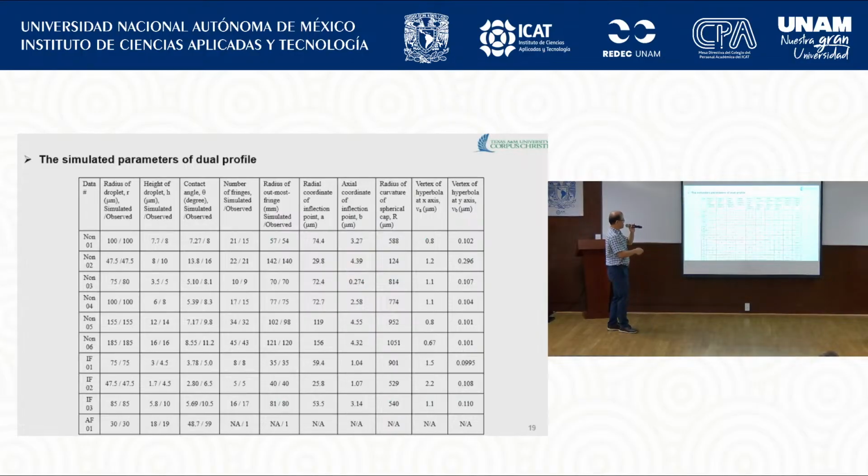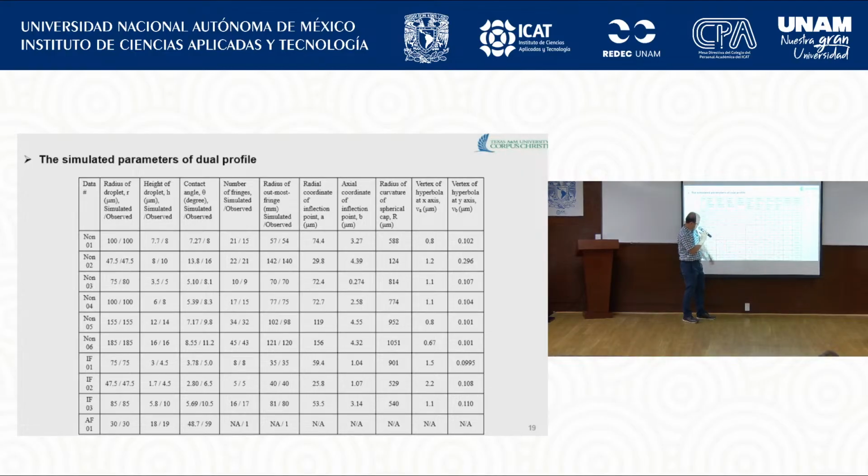Now, back to here, the table shows droplet profile related parameters. Here, it shows the contact angle and number of fringes, comparing the simulation and observation.